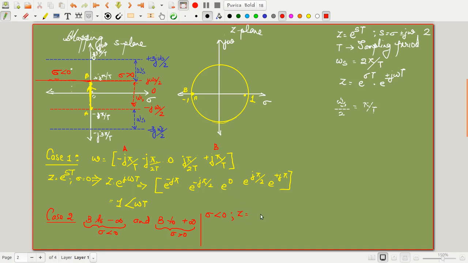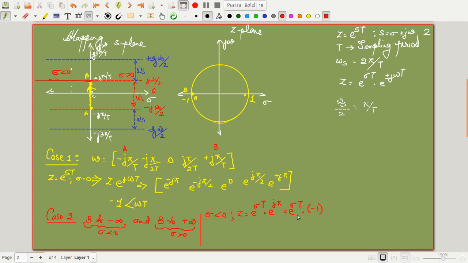So we have e raised to sigma t, e raised to j pi. So e raised to j pi is minus 1. So it will be e raised to sigma t into minus 1. So when sigma is less than 0, what is happening? The magnitude of minus 1 is decreasing.